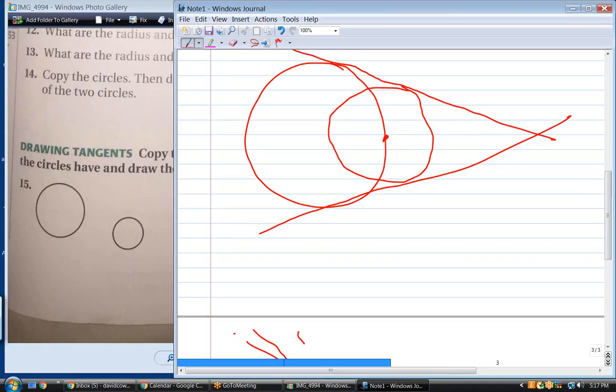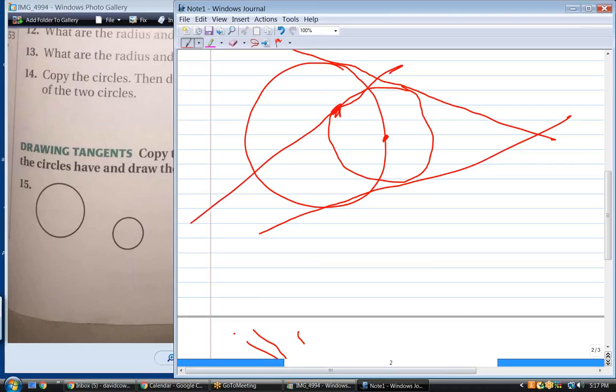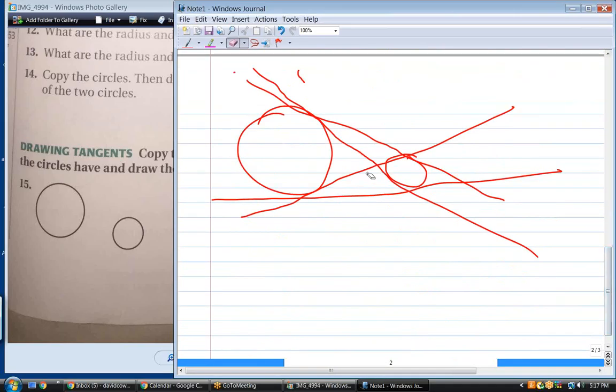If I were to try to draw some line like that, it's tangent to the small circle, but it's not tangent to the big circle. So in this situation here, you only have two common tangent lines. In this situation, you have four.